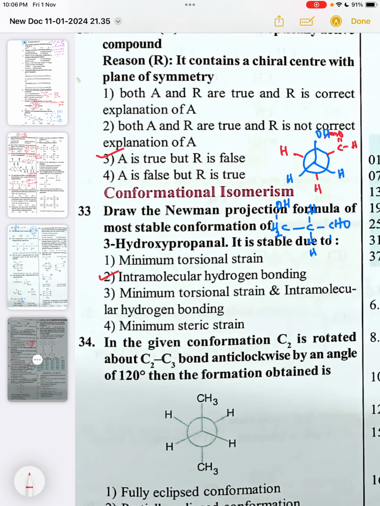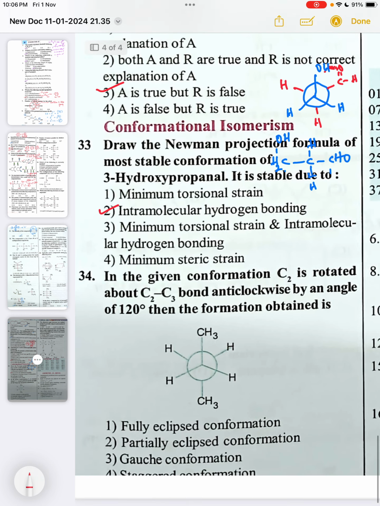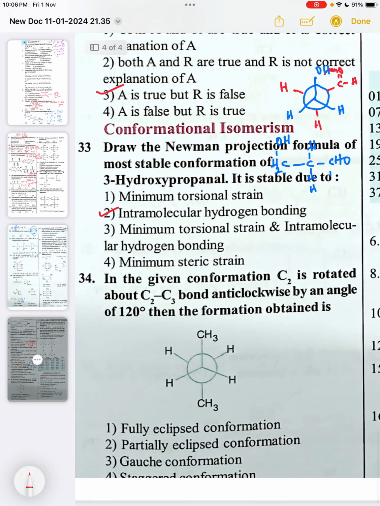Next, in the given conformation of n-butane, C2 is rotated about the C2-C3 bond anti-clockwise by an angle of 120 degrees. What conformer is obtained?